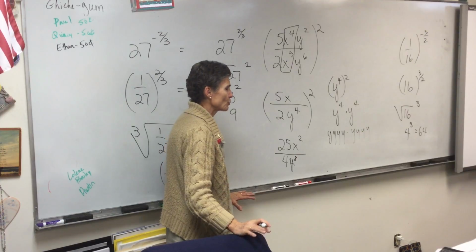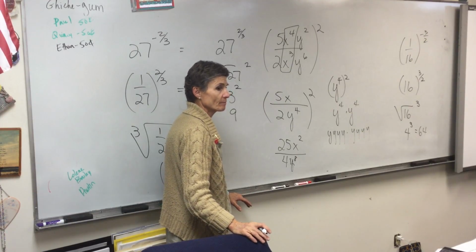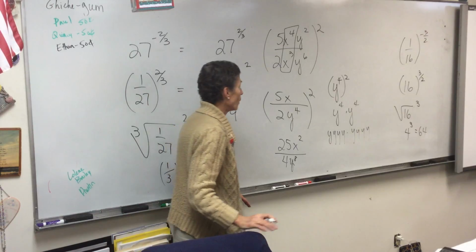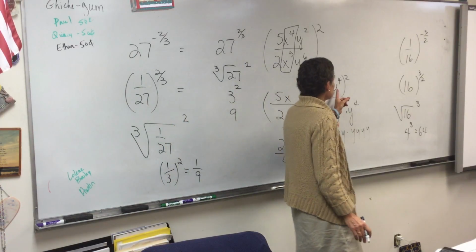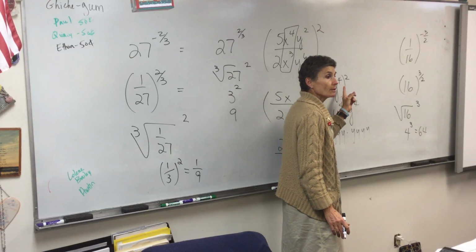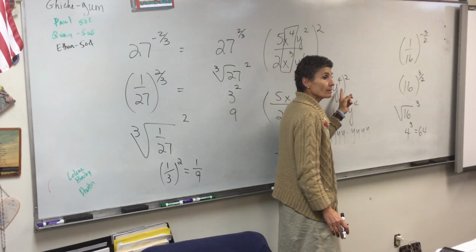Where's your confusion, Paul? You don't square the exponent, you multiply them. Mrs. Ford, last year we learned if it's outside of parentheses like that, you would square it, like 4 times 4.